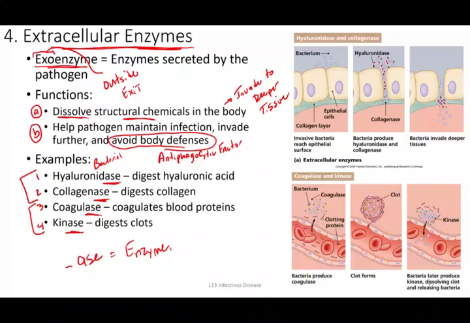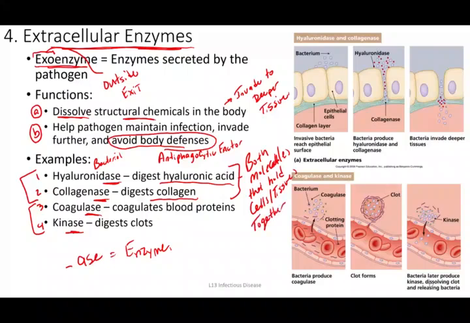And you may notice how each of these start. Collagen and hyaluronic acid are both molecules that hold cells and tissues together. So collagen is a really important protein that helps bind our cells together.